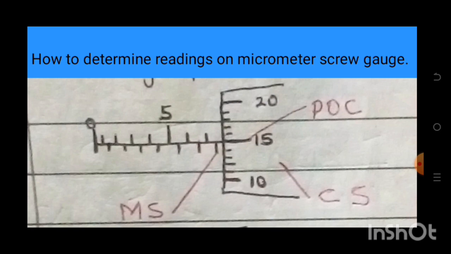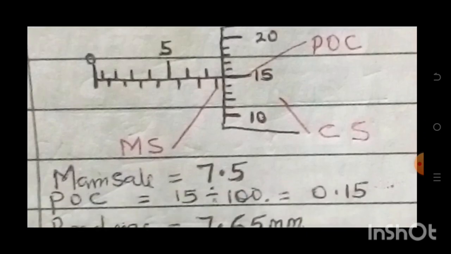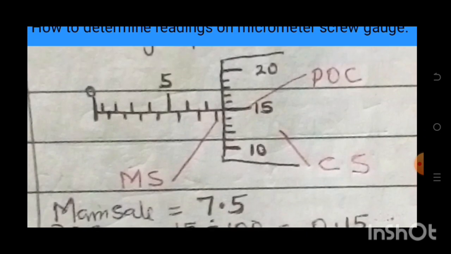Now if you look at the main scale, you see that line pointing at 7.5. You look at it, 5.5, 6.5, then 7.5. 7.5 is the last line or measurement you can see before the thimble scale begins.